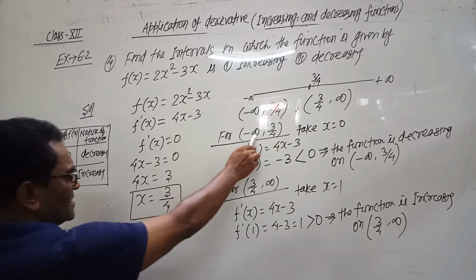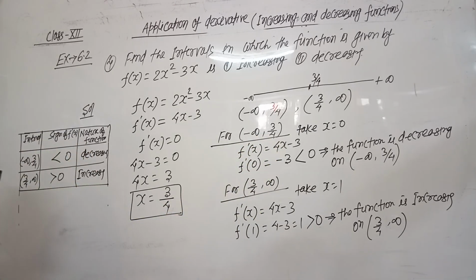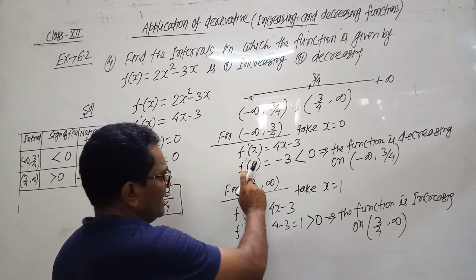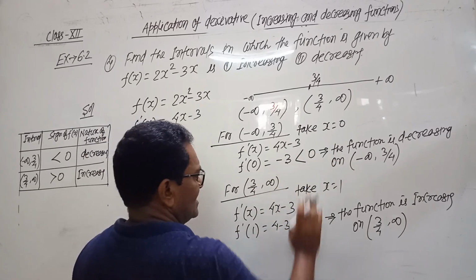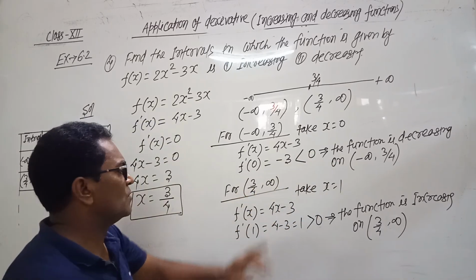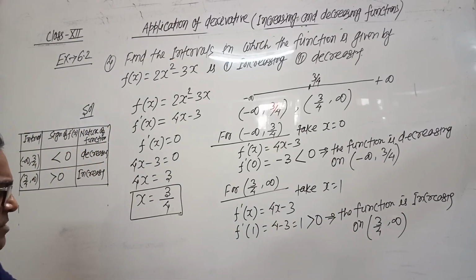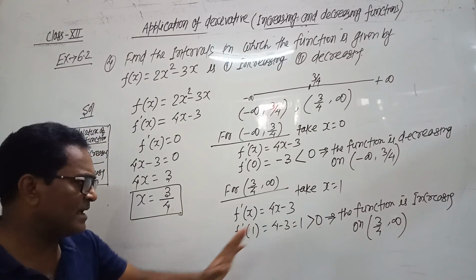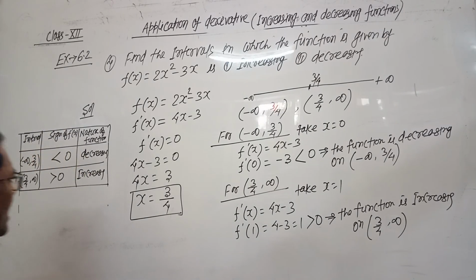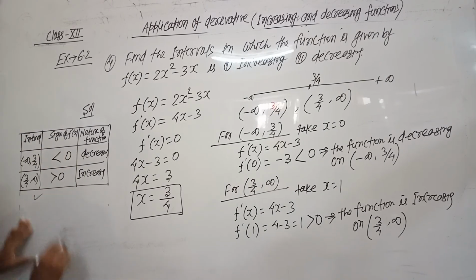For minus infinity to 3/4 we took x equals 0, though you can take another value also, and finding f dash 0 we get less than 0. For 3/4 to infinity we took x equals 1, then calculated f dash 1 which is greater than 0, and in the very last you have to make the table.